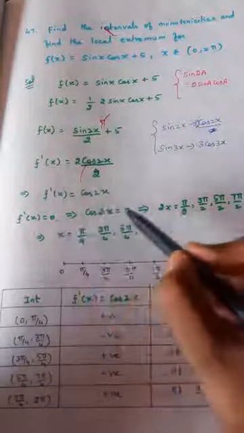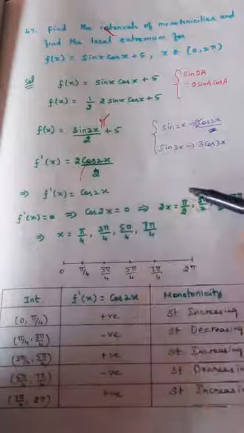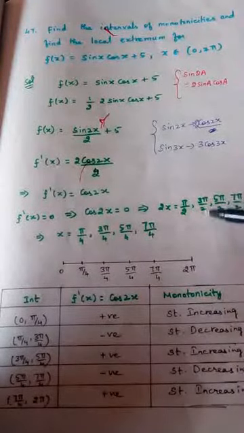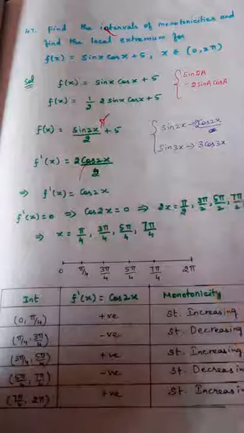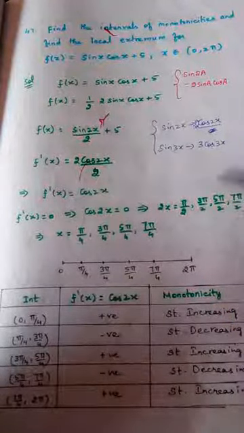So cos 2x equal to 0 implies 2x can be either 90 degree, 270 degree, or 450 degree. These are all the possibilities, in fact I can write 7 pi by 2, 9 pi by 2, 11 pi by 2 and so on, it keeps on going.